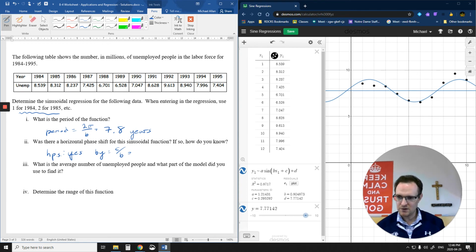Now, if you use your TI calculator, you're going to get a different number than this one. That's fine. There's lots of different answers for phase shifts here, but in this case, the phase shift they're using here is 0.37. I'm just going to go with 7. Right? That's the phase shift.